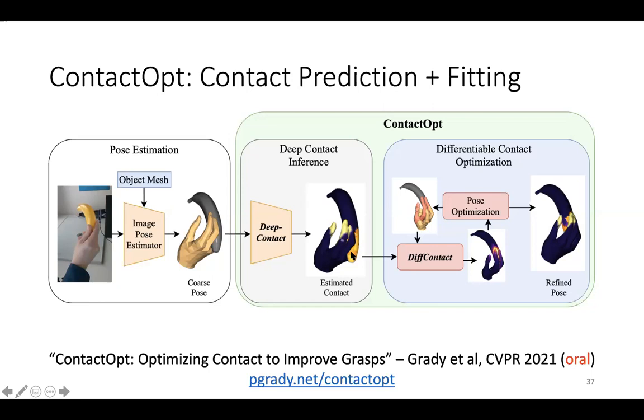These contact patterns can then be used in an iterative optimization of the hand parameters to have a hand object interaction which is much more realistic from the contact perspective. So let's look at some of the individual components here, and we are still working on the camera ready and code release for this paper. But you can already go to this website and at least read the paper for now.